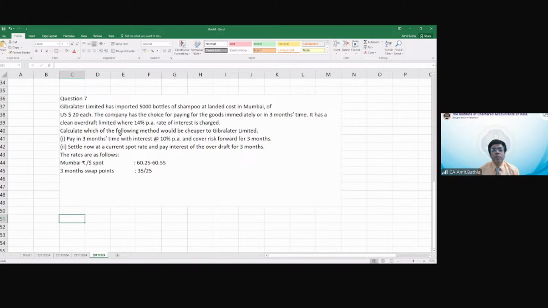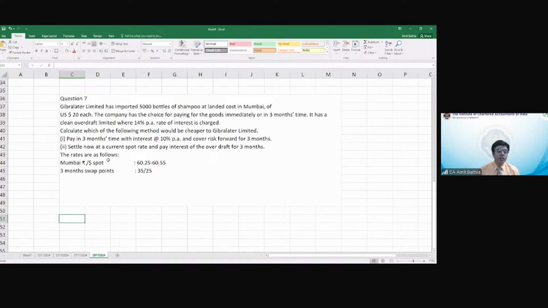Calculate which of the following methods would be cheaper to Gibraltar Limited. First, pay in 3 months' time with interest at 10% per annum and cover risk forward for 3 months. Second option is settle now at the current spot rate and pay interest of the overdraft for 3 months.